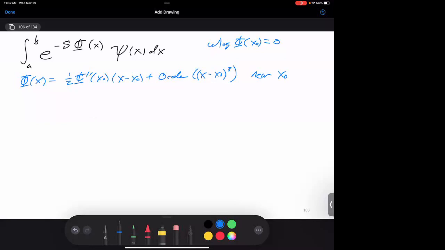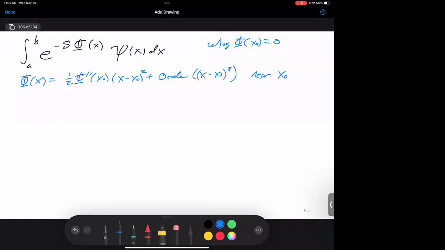Should that be x minus x naught squared? Ah, so yes, this should be a squared over here. Thank you. Okay. By Taylor series. So it's not bad to keep that 1/2. That 1/2 actually plays a role in getting us to the Gaussian because it's 1 over 2 sigma squared. So everything just works out really nicely.